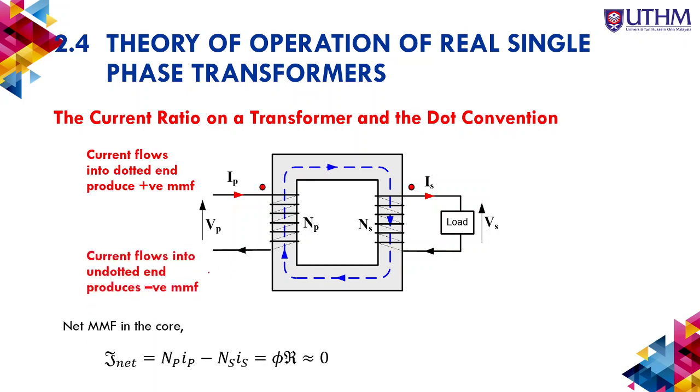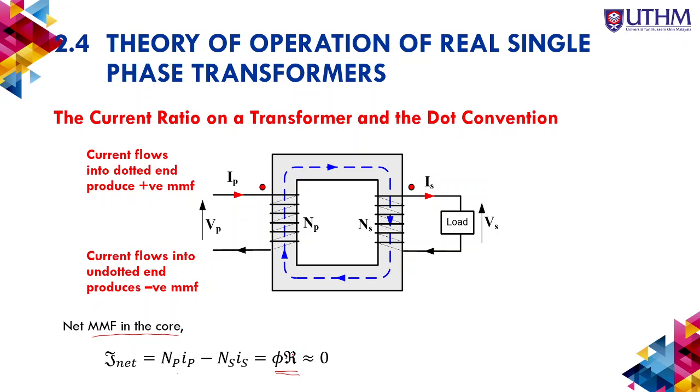Okay, so the net MMF, the magnetic force for both sides. For the ideal transformer, when we minus NP multiplied by IP and NS multiplied by IS, they become 0. For the real transformer, it is not ideal, but it assumes the value of R, the reluctance, is very small.